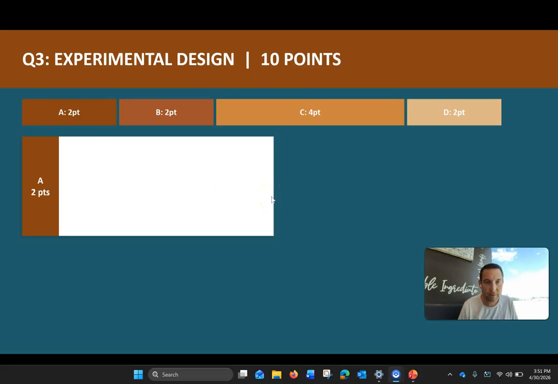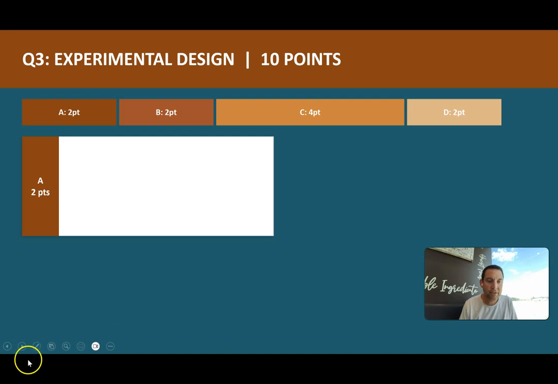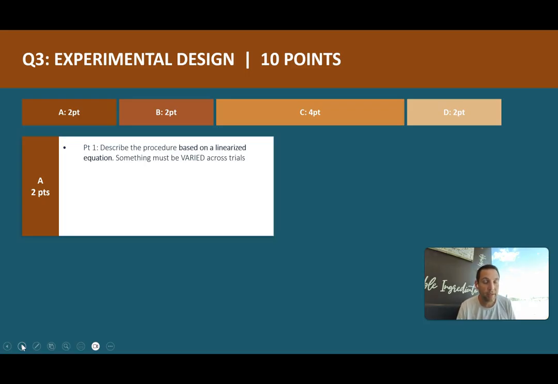Whenever you're designing an experiment, the very first thing you need to do is derive an equation. Once you derive that equation, linearize it. Figure out what your slope will be. And we want our slope to be the quantity they're asking for. If they want g, then we're going to figure out what we need to graph on the y and x-axis so that our slope is equal to g.